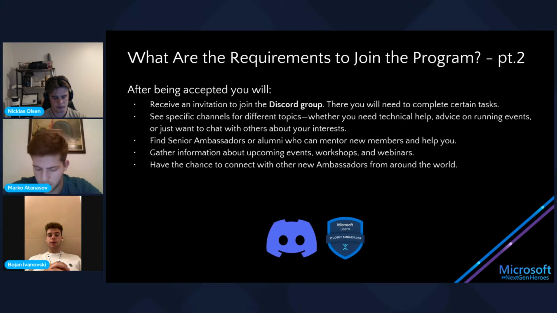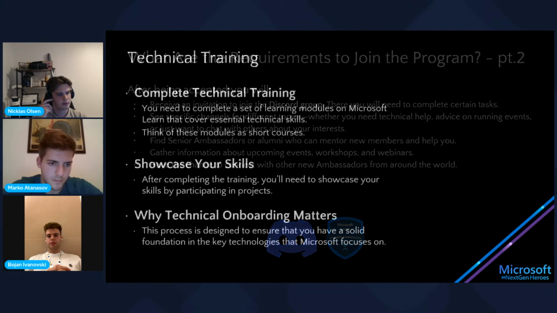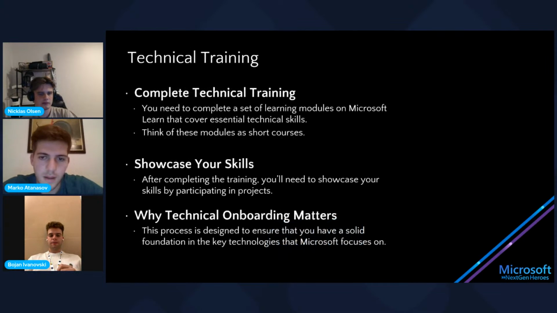Furthermore, you can gather information about upcoming events, some interesting workshops maybe, or webinars. And lastly, you would have the chance to connect with other ambassadors who are trying to join the program and are the same as you. So these are typically the requirements. And now Marco will explain the first step of fulfilling these requirements.